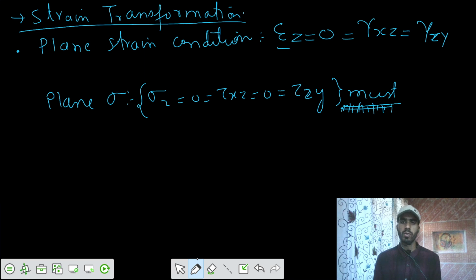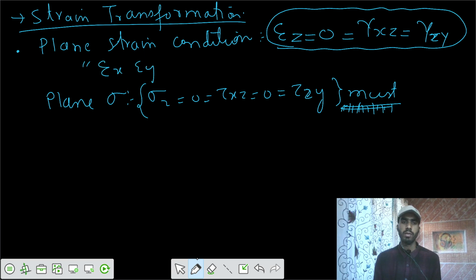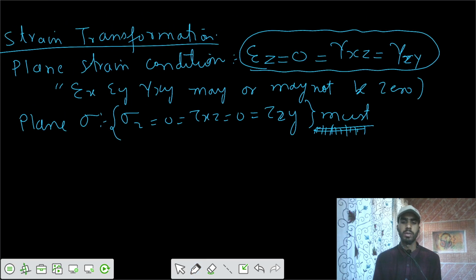So we want these three to be 0, and all the other three, strain x, strain y, and gamma xy, may or may not be 0. But the strain in z has to be 0, gamma xz has to be 0, and gamma zy has to be 0 for the plane strain condition to develop.